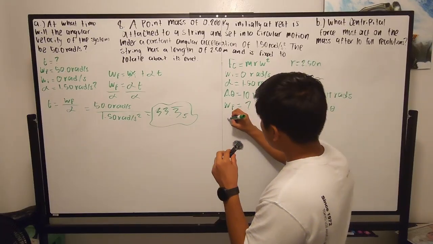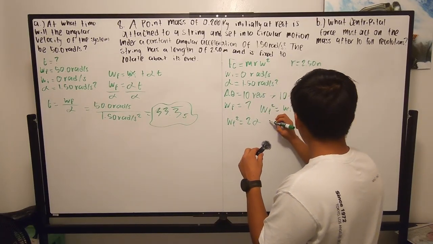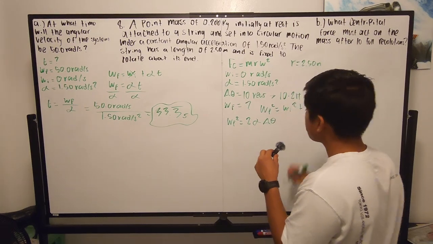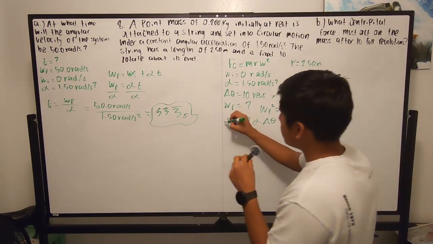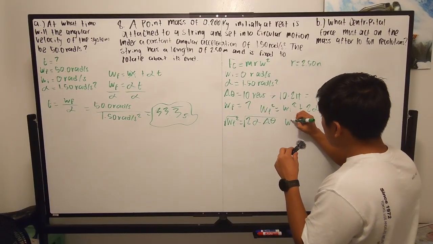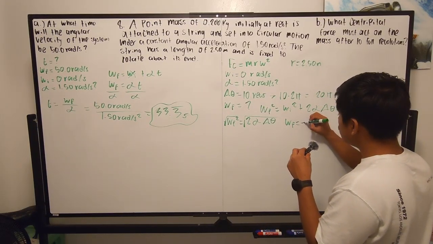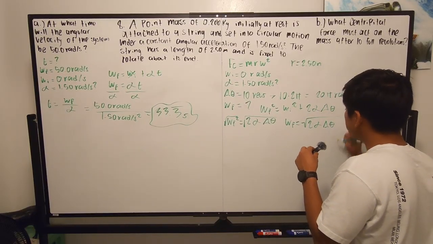So omega final squared is equal to 2 alpha delta theta. Now I need to isolate omega final, so I take the square root of the whole thing. So omega final is equal to the square root of 2 alpha delta theta.